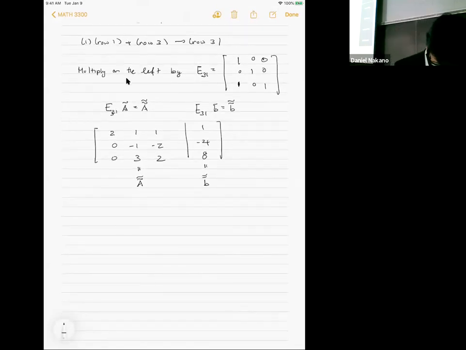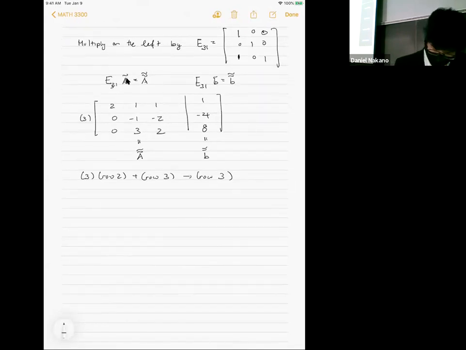So what we want to do is we're going to multiply this by 3. So we take 3 times row 2 plus row 3, and we're going to insert it into row 3. Okay? And so what are we going to do? We're going to take E. So what do you think the subscript's going to be? So I'm going to put the E over here without the subscript, and we'll put it in a second.